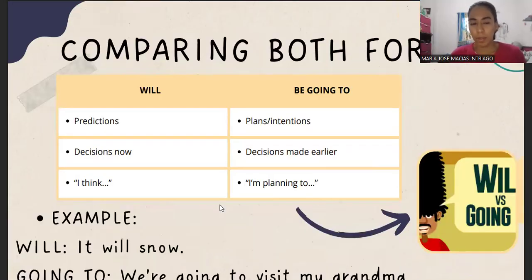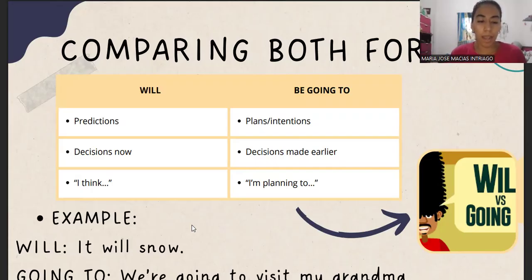Let's compare both forms. Here we can clearly compare both forms. Will is used for predictions and decisions made now. Be going to is used for future plans and intentions.